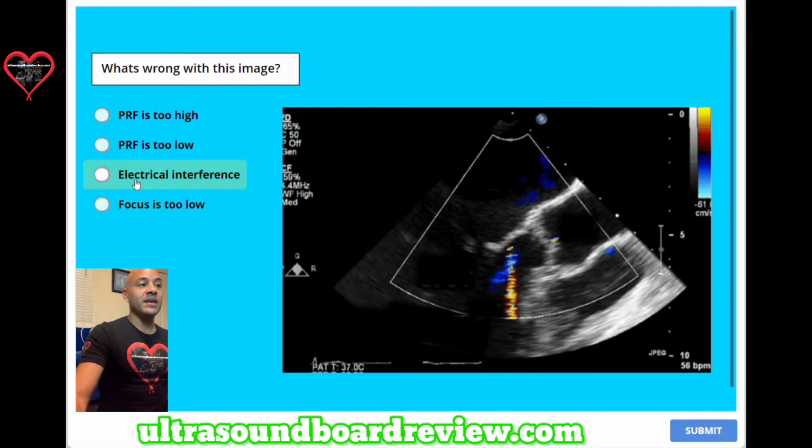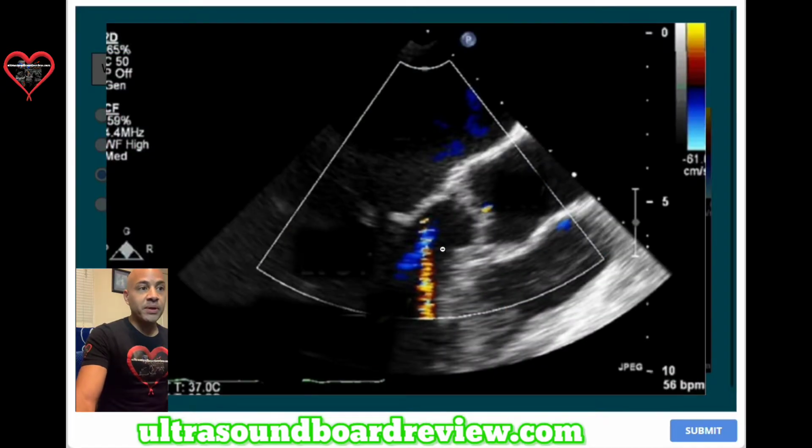The answer is C, electrical interference. Don't confuse this with twinkling artifacts, because twinkling artifacts will have some kind of stone with the artifact displaced posterior. And this image clearly doesn't have any stones in the area.